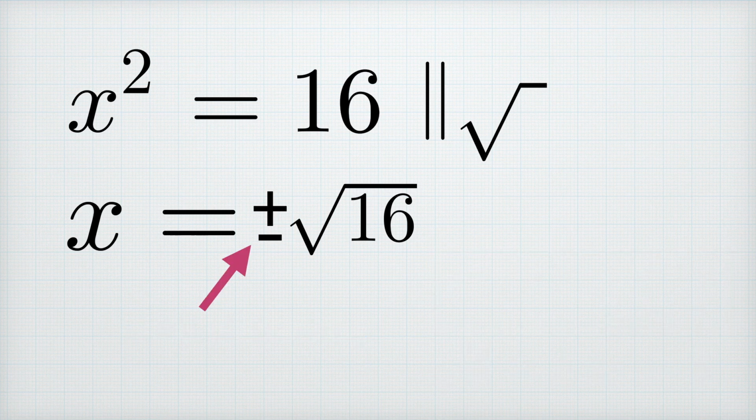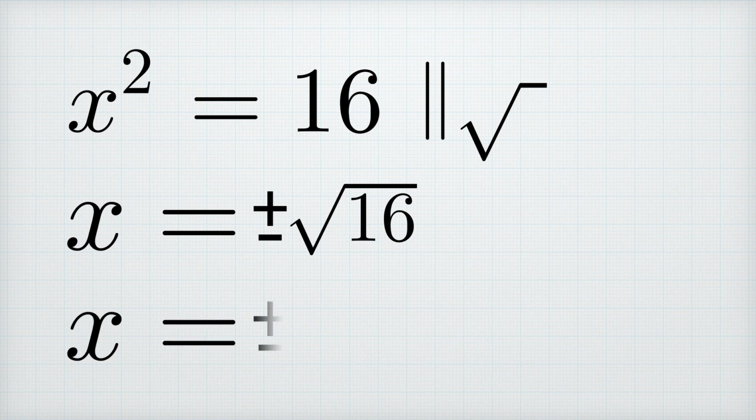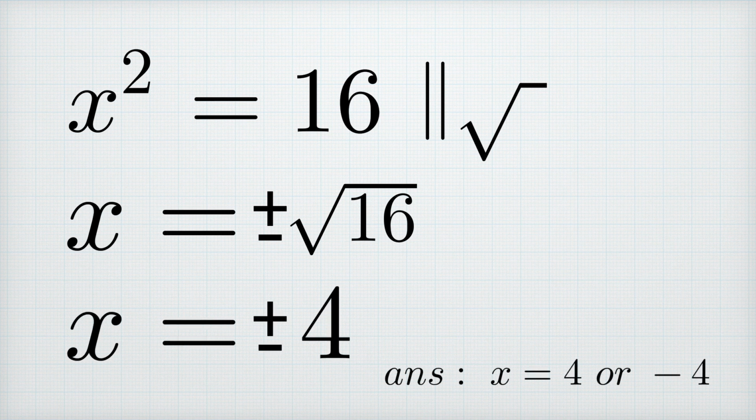So why is it that here we have this plus minus sign in front of our square root? I mean, shouldn't this result only in a positive answer? Instead, the answer is x is 4 or minus 4. Well, this is an important detail to pay attention to. Because our equation is x squared equals 16, the value minus 4 also makes our equation true, because minus 4 times minus 4 is also 16.